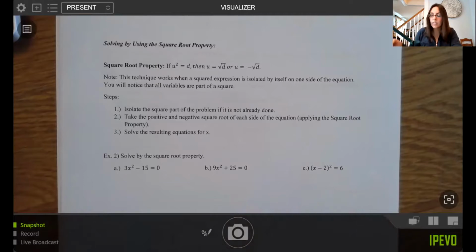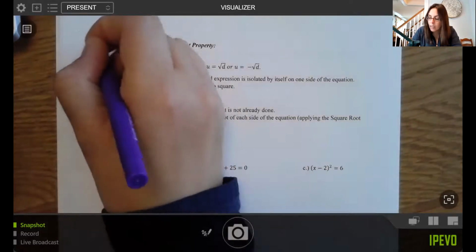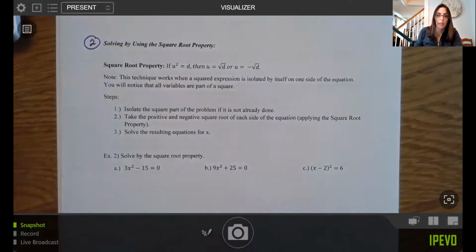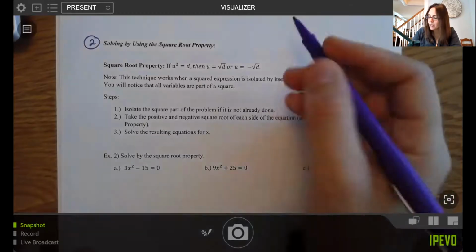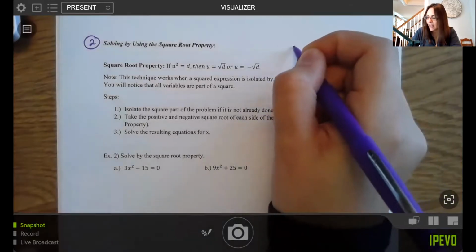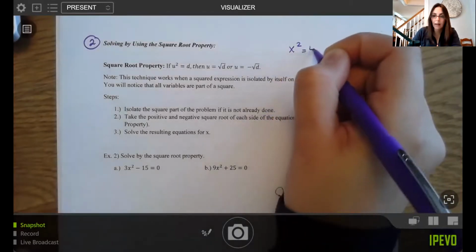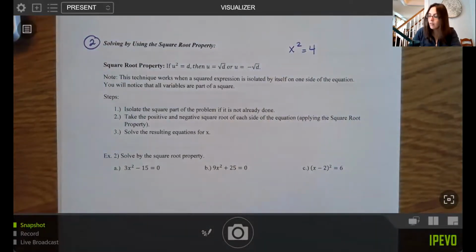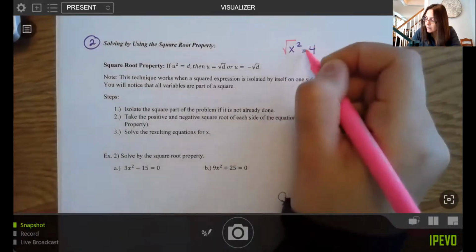The second strategy that we can use is called the square root property. The square root property says that if you have a square equals something, then you can take the square root of both sides and get the answer that way. I'm just going to do a very basic example so you can see. If I have x squared equals 4, to solve it, you take the square root of both sides.